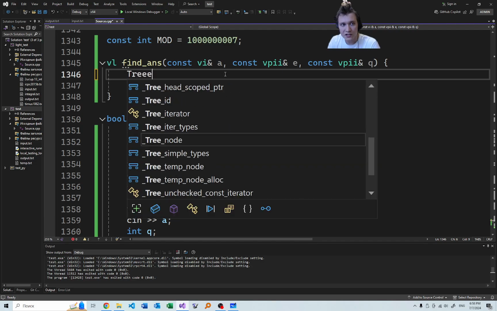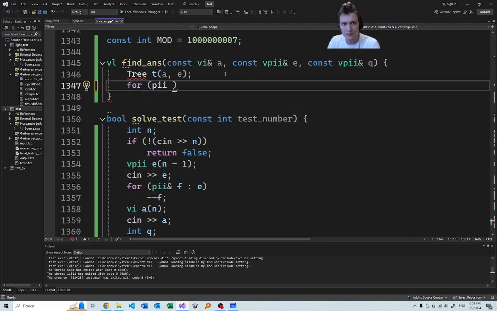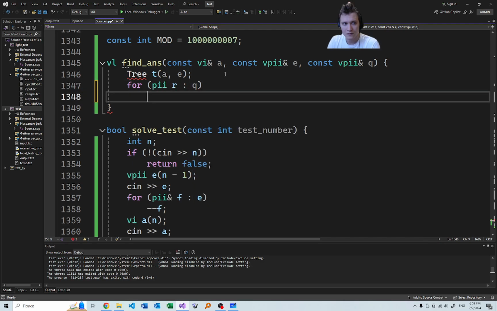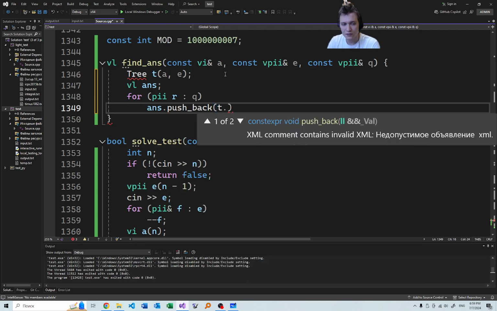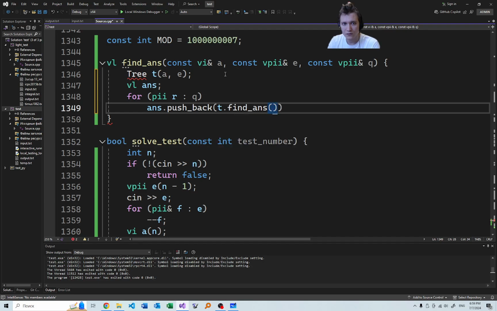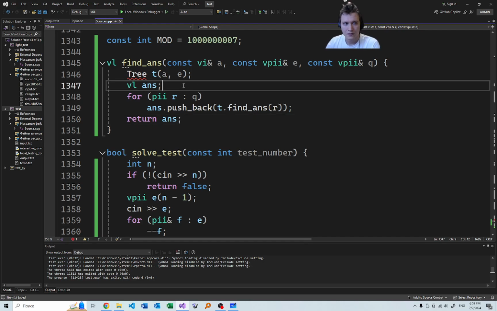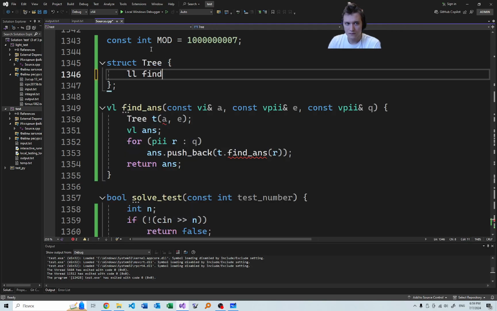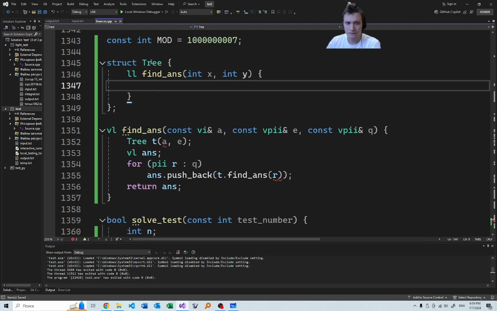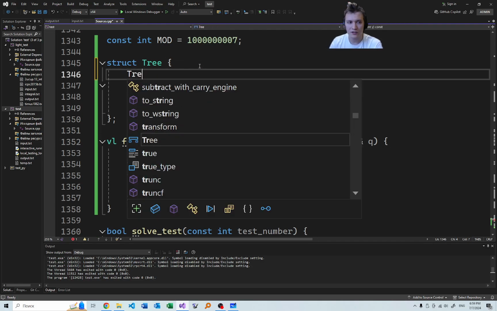So let's say tree T of E. Then we need to answer some queries. ans.push_back(tree.find ans on R) and return ans. Great. And also we need to construct the tree.